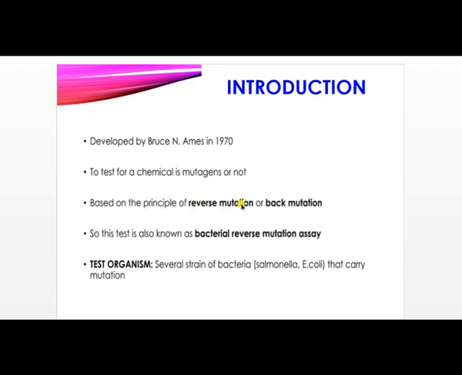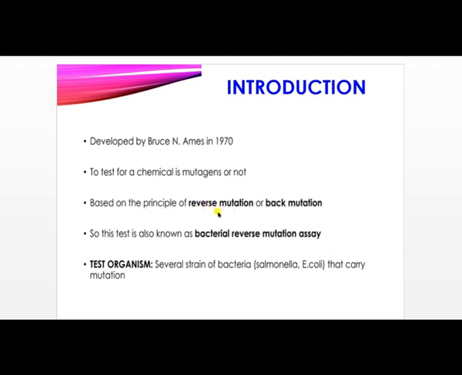So this is the theory here for the Ames test. The basic principle of your Ames test is nothing but reverse mutation or back mutation. We will see what this reverse mutation and back mutation is. The name itself indicates what? Reverse mutation.